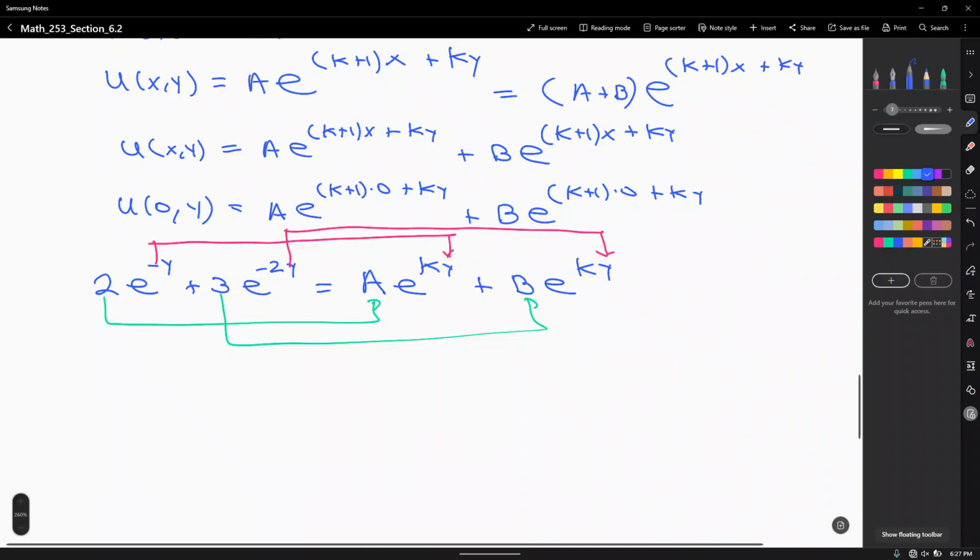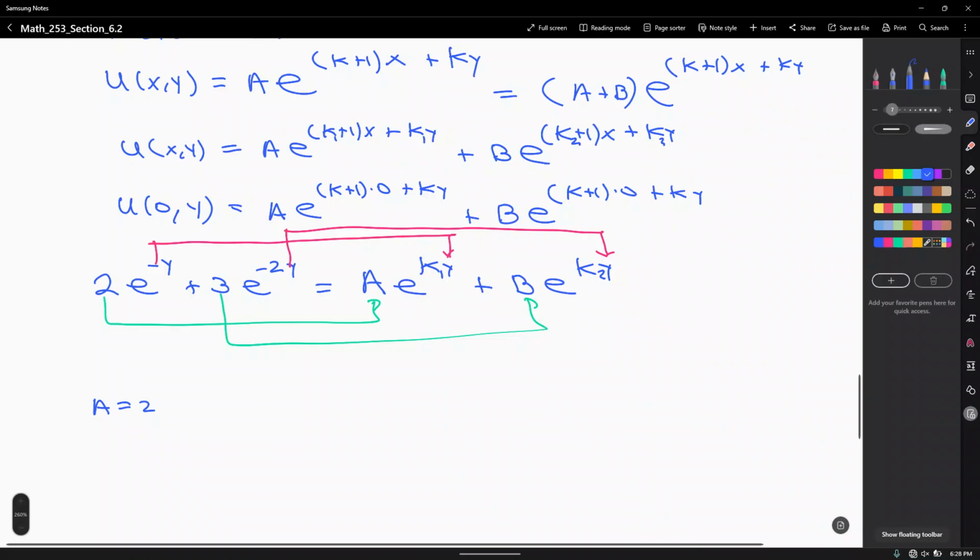So from here, A equals 2 for the first term. And I'm worried about the k. Maybe I should have said k1 and k2, because those ks may not be the same, and actually they were not the same, right? So let me call this k1, k2, just to be more comfortable with it.